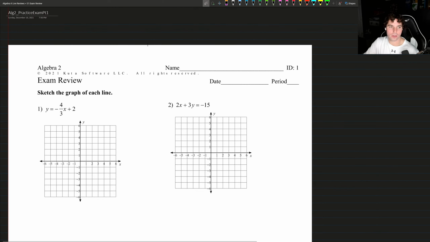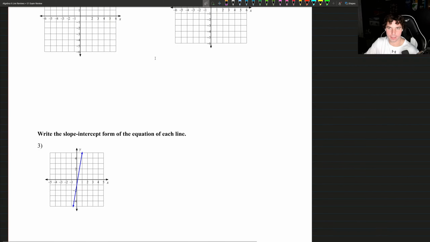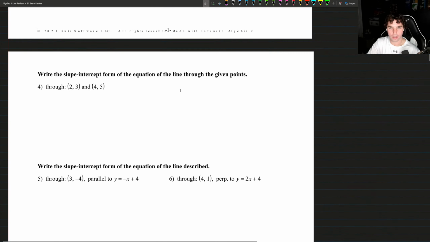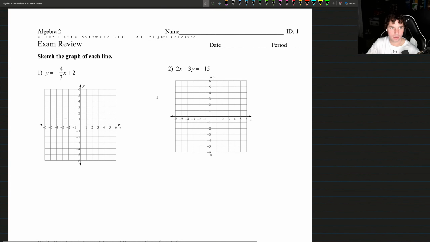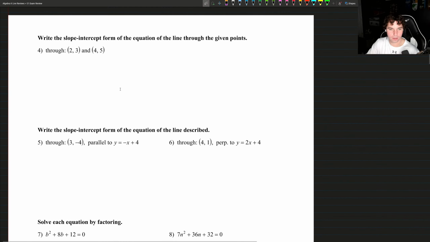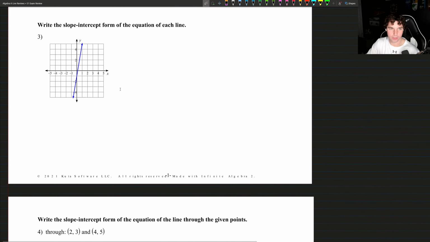So I think the easiest thing right now is just go. We're just gonna go through one all the way down, just as a quick glance. Problems 1, 2, 3, 4, 5, and 6 all have to do with lines.